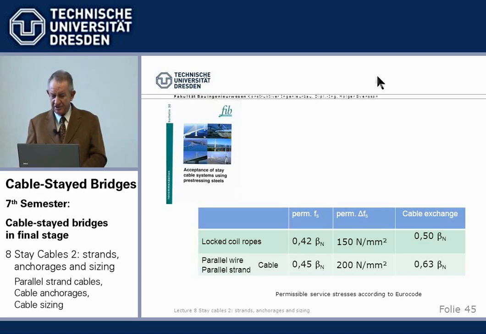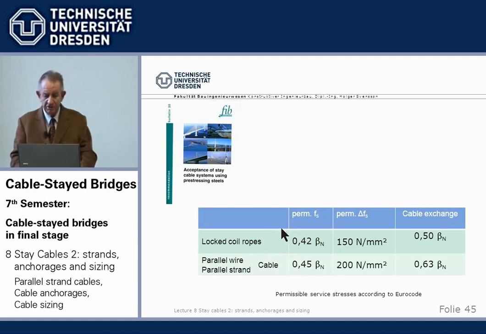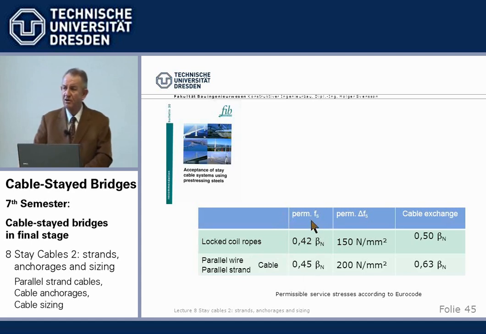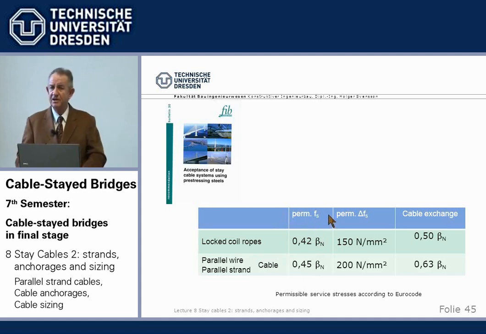Now, basically we have two ways of sizing stay cables. Traditionally, it was done for service loads with permissible stresses. And there, what you like to know is the permissible stress for main loads, meaning dead load and live load.